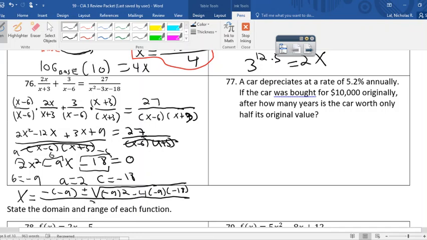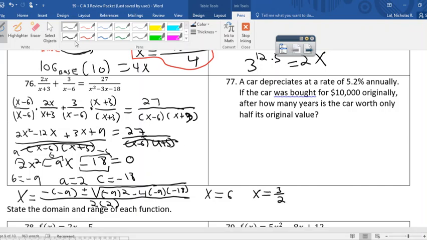This is going to give us two values: x equals 6 and x equals 3/2.